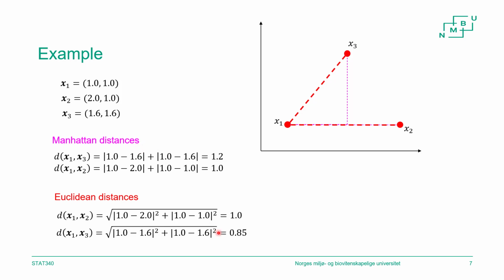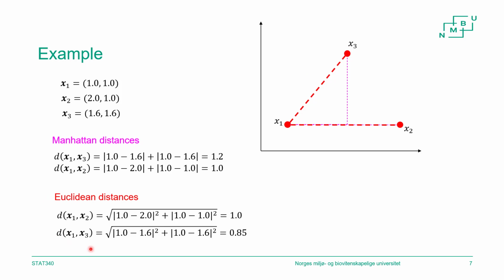So notice how dissimilarity or distance between 2 points varies slightly sometimes, depending on how you measure distance. If we measured by Manhattan distance, we would say that x1 and x2 are the ones closest to each other. x3 is farther away.